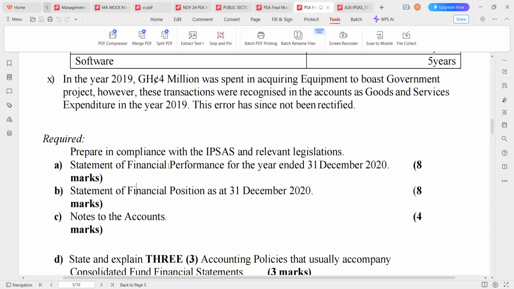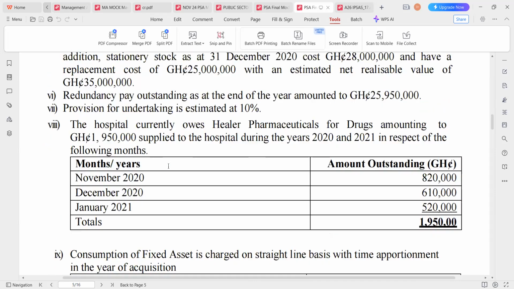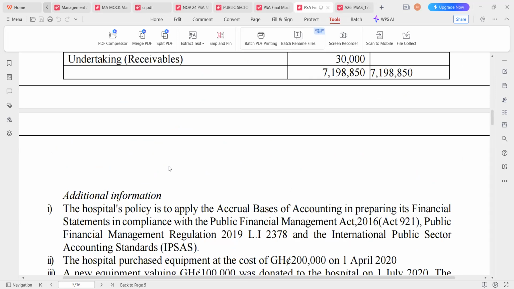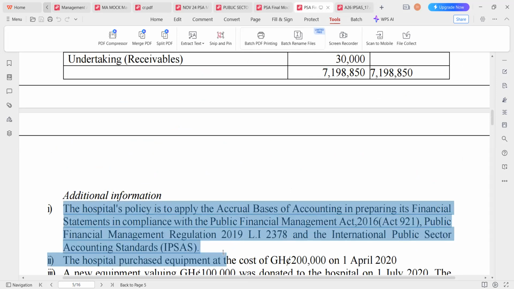Right after doing your demarcations, you go to your footnotes. Very important. Note 1 will say that the entity complies with ICAG and the Public Financial Management Act and a whole lot of acts. Don't bother yourself.